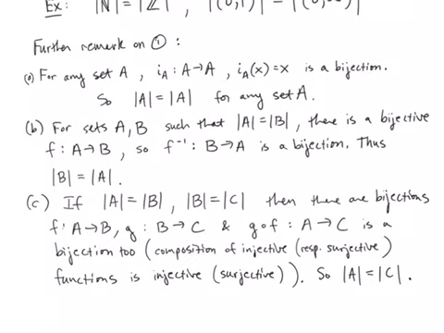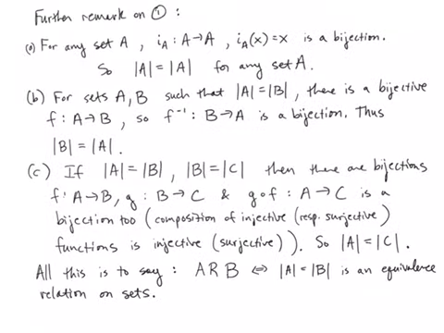So all this is to say, of course, that the notion of cardinality of A equals cardinality of B is just an equivalence relation. So we can define A is related to B if and only if the cardinality of A equals the cardinality of B, that is, if and only if there's a bijection from A to B, and that's an equivalence relation on sets.